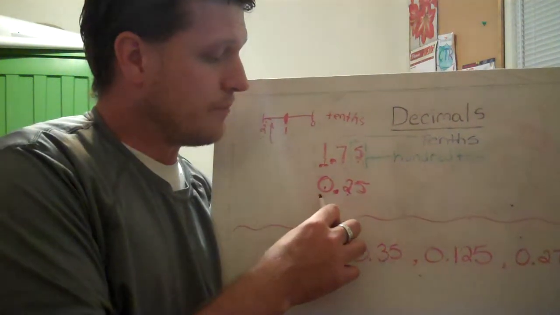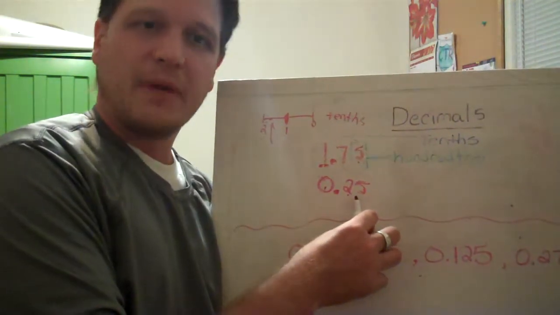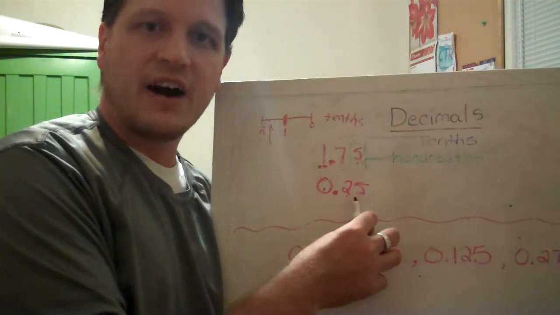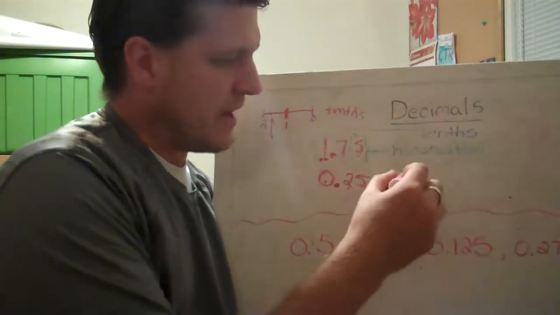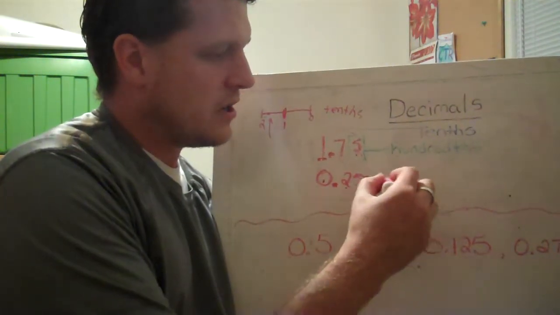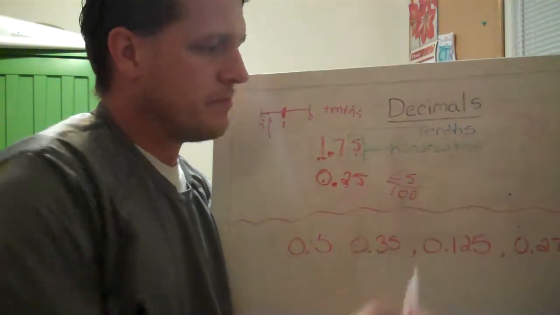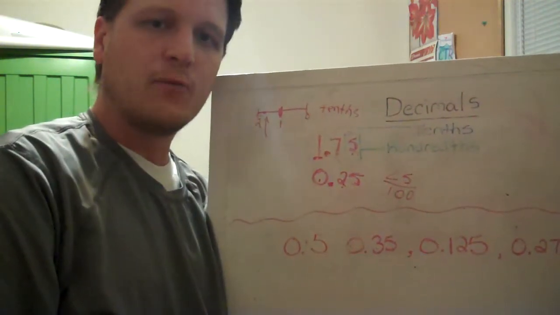So this number, when read mathematically, is called 25 hundredths. It would be written like this mathematically: 25 over 100. Okay? 25 hundredths.